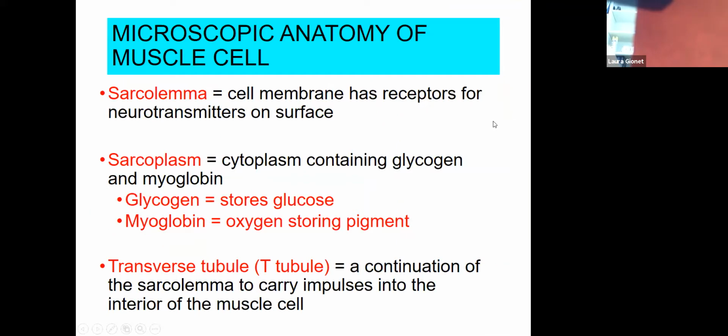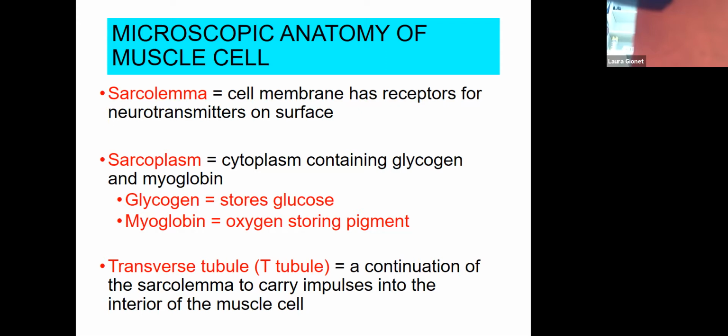Okay, so now we're going to look at the microscopic anatomy of a muscle cell. Right? So, one of those was telescoped out. I said it looks like there's a bunch of uncooked spaghetti all stacked up in there. So the membrane of this muscle cell is called the sarcolemma. It's just a fancy name for the cell membrane of a muscle cell.